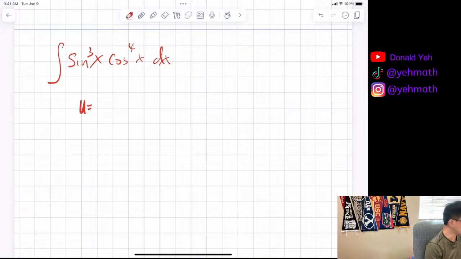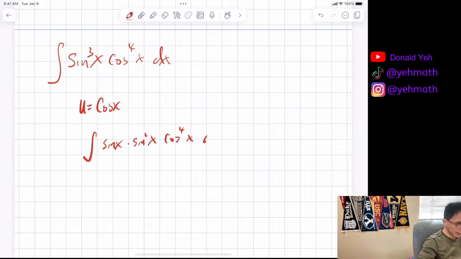One is 5 and one is 7, but whichever is odd, you can choose. So u is equal to cosine of x. Why is that? Because that gives you sine of x times sine squared of x times cosine to the fourth of x dx. This one can change because all you have to do is find what du is. Obviously, du is equal to negative sine of x.